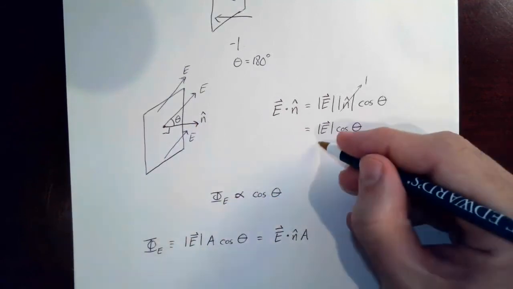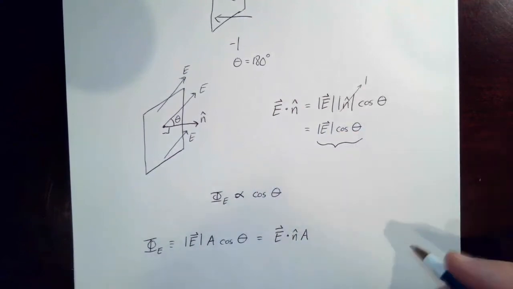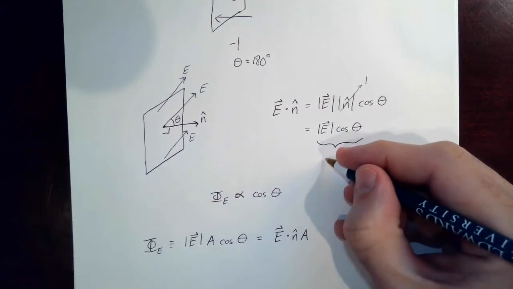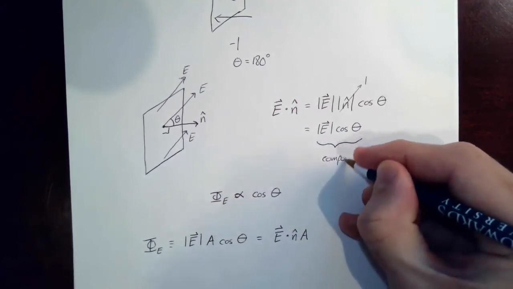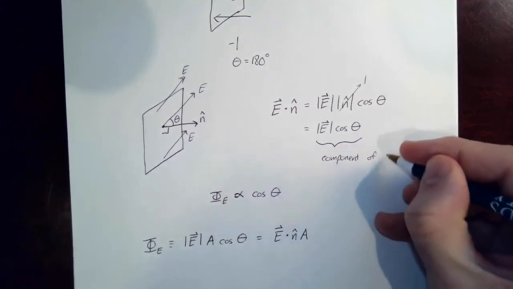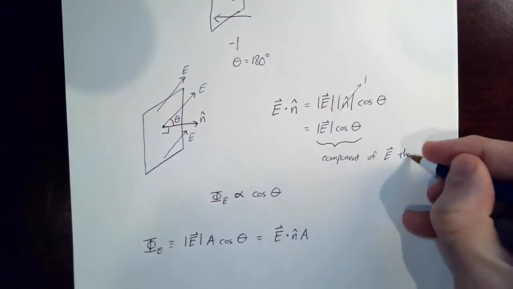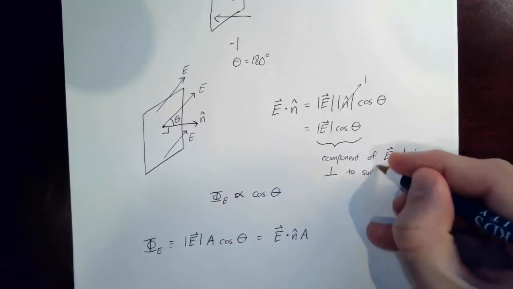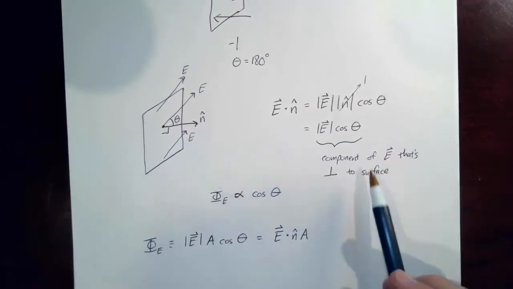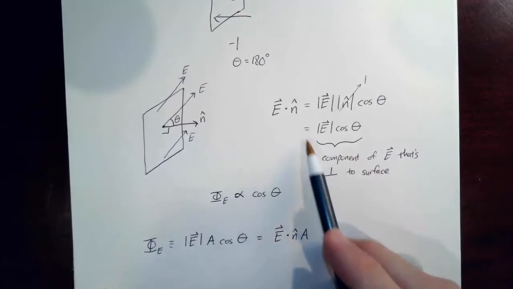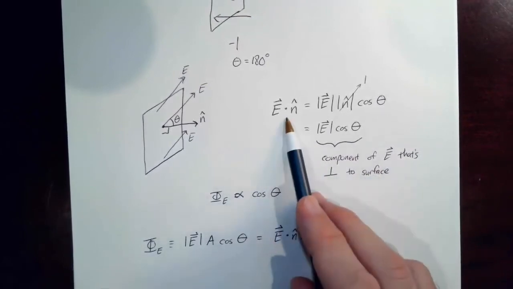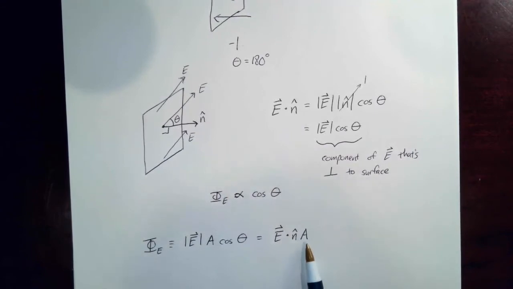So you could call this in words, this product E cosine theta is the component of the E field that's perpendicular to the surface. So the electric flux is proportional to the component of the E field that's perpendicular to the surface. That's E dot n, as well as the area A of the surface.